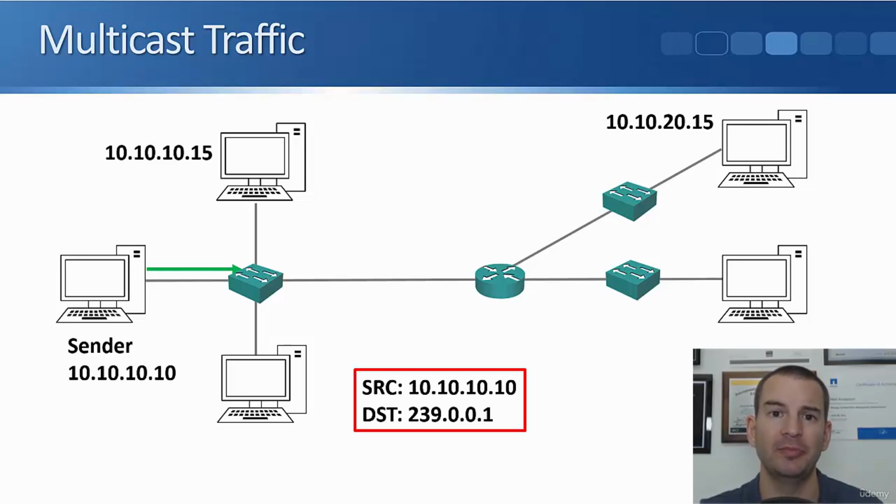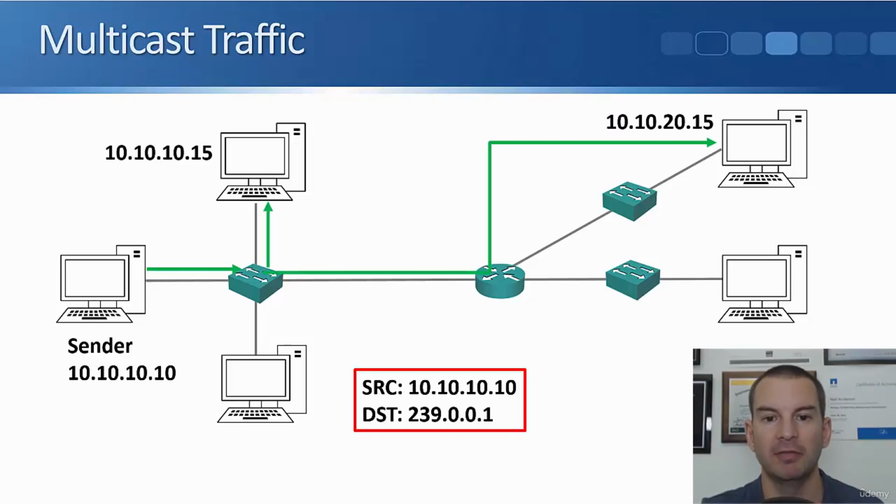It still comes from the same source address of 10.10.10.10, and the destinations still have their normal unicast addresses there as well, but we send it to this special multicast address. That will then go to all of the hosts that were interested in getting that traffic.